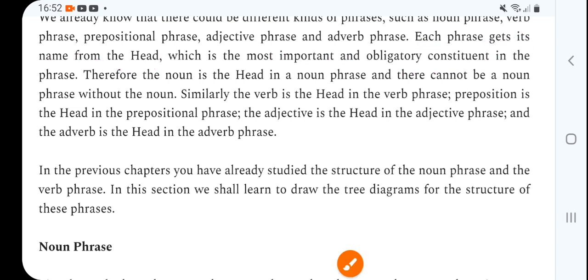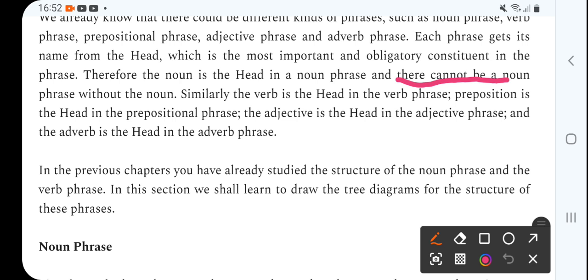So what is the meaning here? That each phrase is named by the head, that is the important and obligatory or necessary constituent of the phrase. Therefore the noun is the head in a noun phrase, and there cannot be a noun phrase without a noun. Simple.